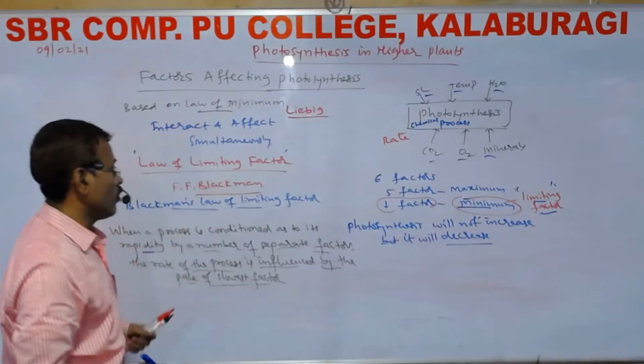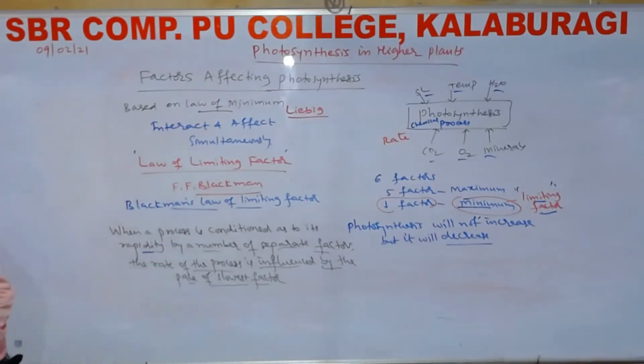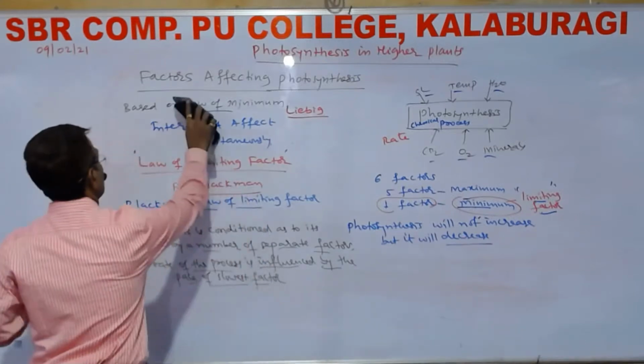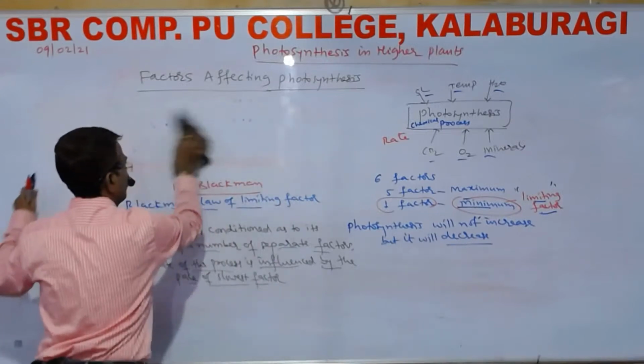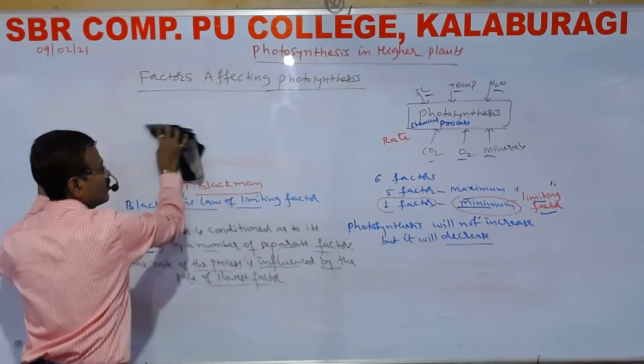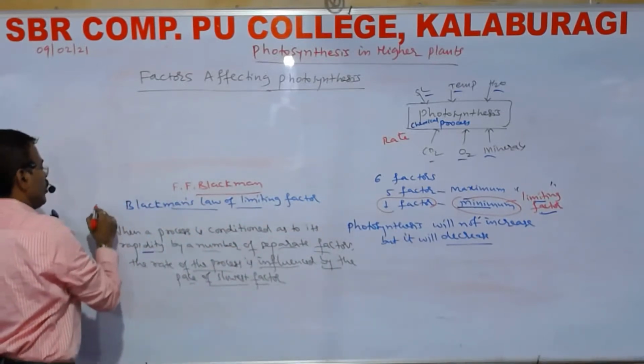So this is the definition from the reference book. I will give the NCERT definition. Remember, very, very important: one mark, state the law of limiting factor. Very, very important.